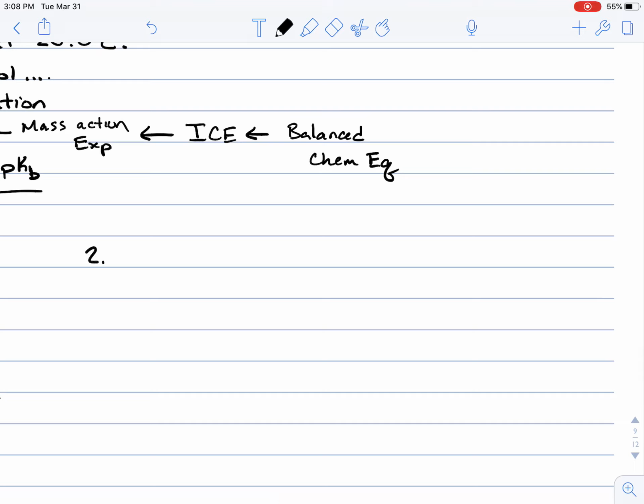So if you have 2.78 grams of HA, we want to essentially convert this into molarity of HA. And if you recall, molarity is a ratio of moles over liters.